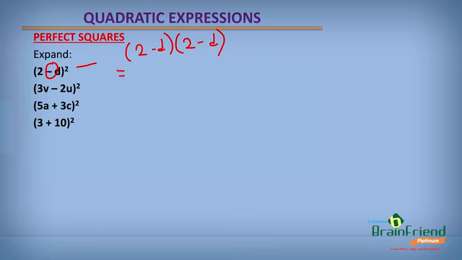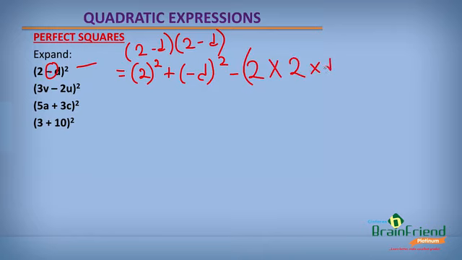For a perfect square, it's equal to the sum of their squares, that is 2 all squared plus minus d all squared. Then we take note of the sign, minus twice their product, 2 times 2 times d.